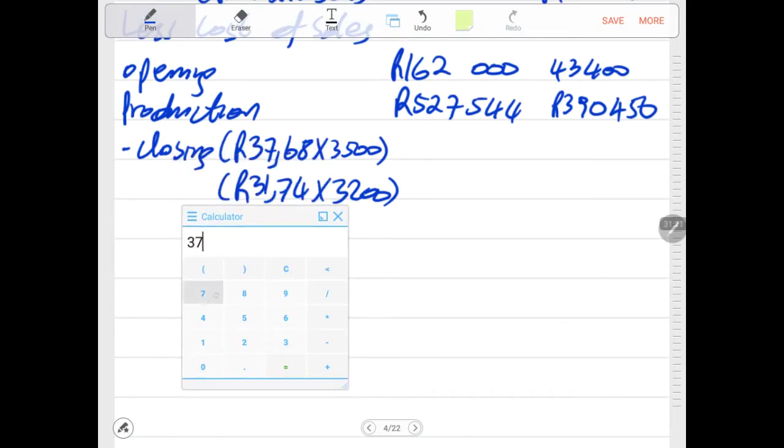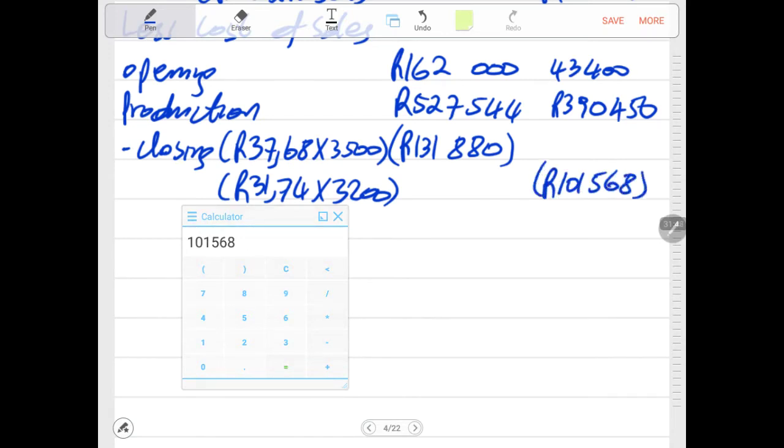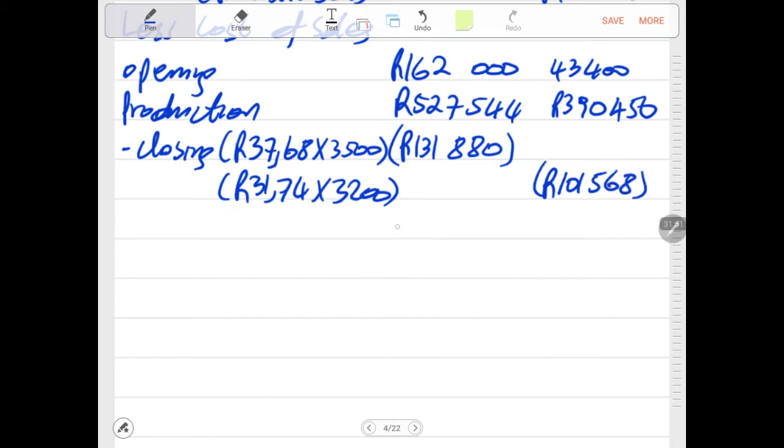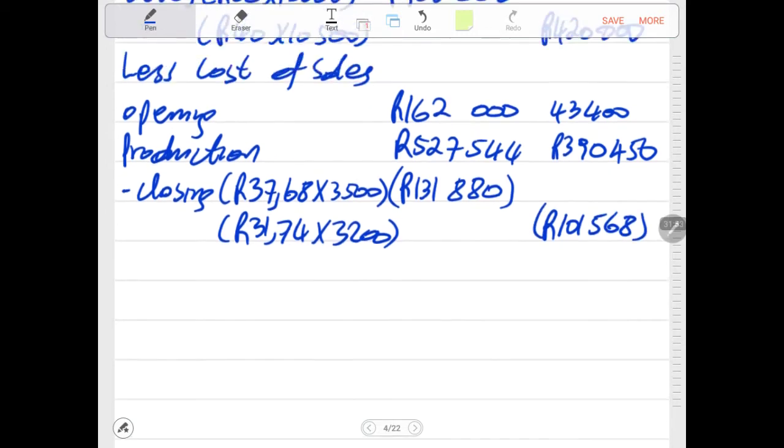Then we say 37.68 by 3,500. We get closing inventory as 131,880. Then we have 31.74 by 3,200. We get closing inventory as 101,568. Then this will give us the cost of sales, after which we calculate our gross profit.